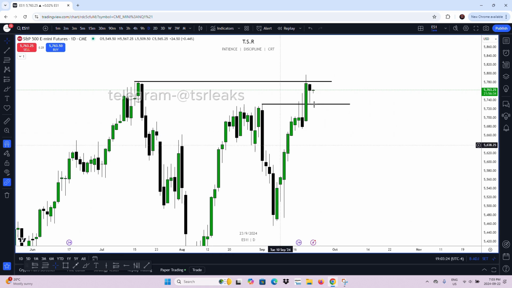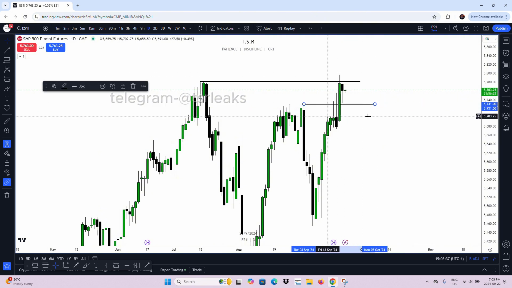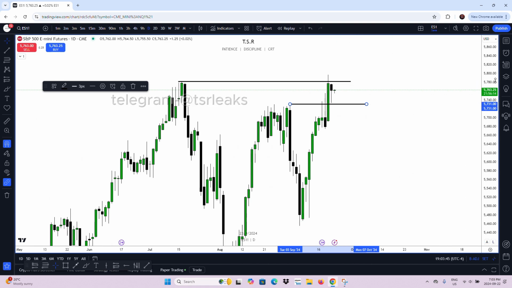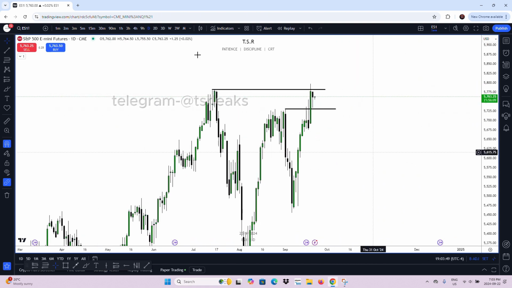So what is your job? Tomorrow, look for entries to get bearish, to get short, tapping this key level. Once price hits this key level, you want to see how it will react and how it will push prices back up. Now, is this a key level that's going to be respected?